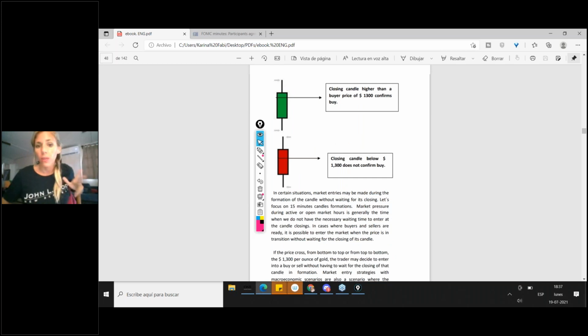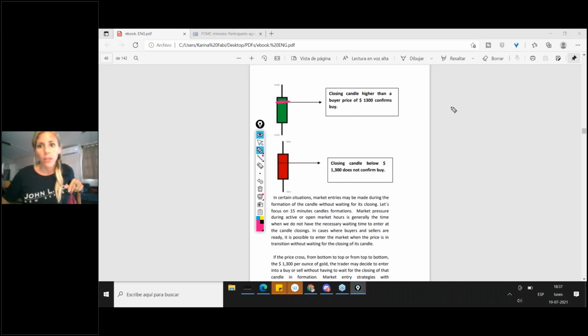Let's give an example with gold. Gold is trading around 1800 and 1820. So we all know that it's going down to 1800 and then going for 1820, 1800, 1820, and it keeps doing so. We had some sale days when gold was trading below 1800.